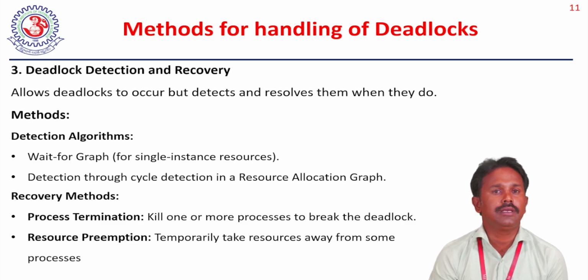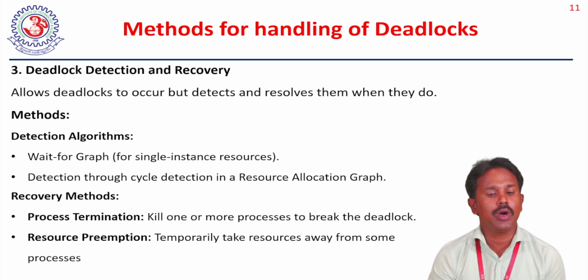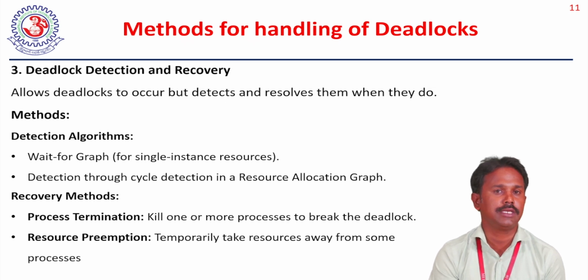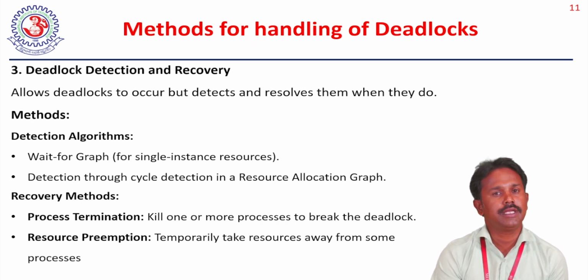And the third method is deadlock detection and recovery. Deadlock may occur, and we can detect and resolve the deadlock when needed. So here also we have two methods for the deadlock detection algorithm. Wait-for graph, for a single instance of each resource type. Then the next method is multiple instances of each resource type.